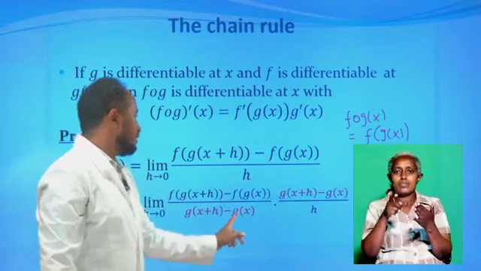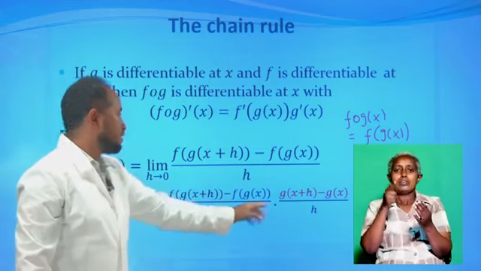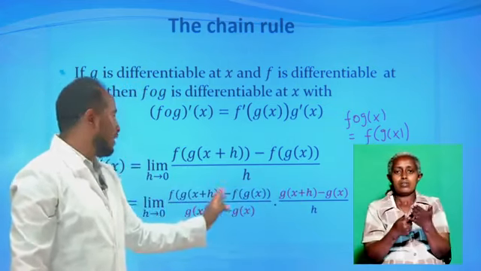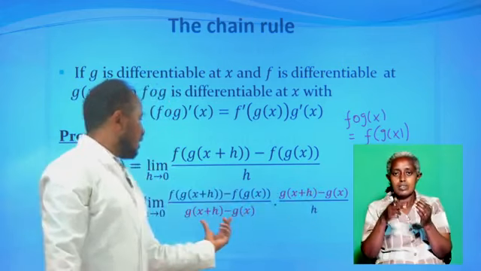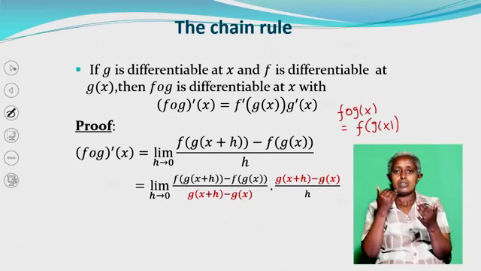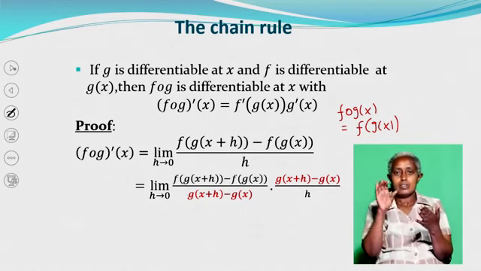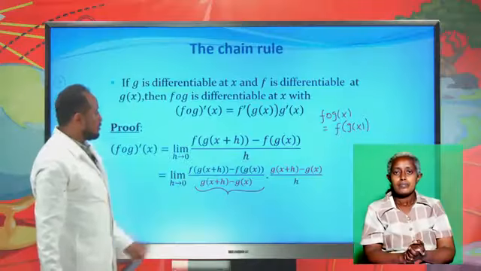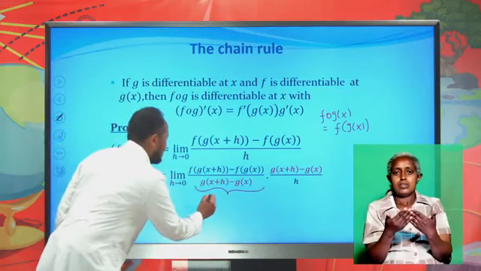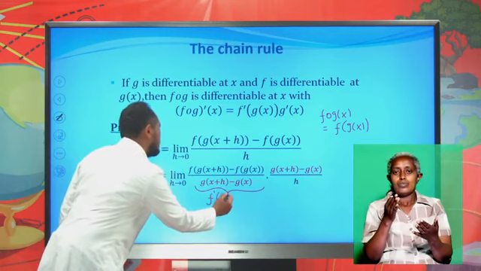Simply I multiply by g of x plus h minus g of x, and I also divide by g of x plus h minus g of x, arranging the h there. So to find the limit of this expression, the first factor will simply be f derivative of g of x.